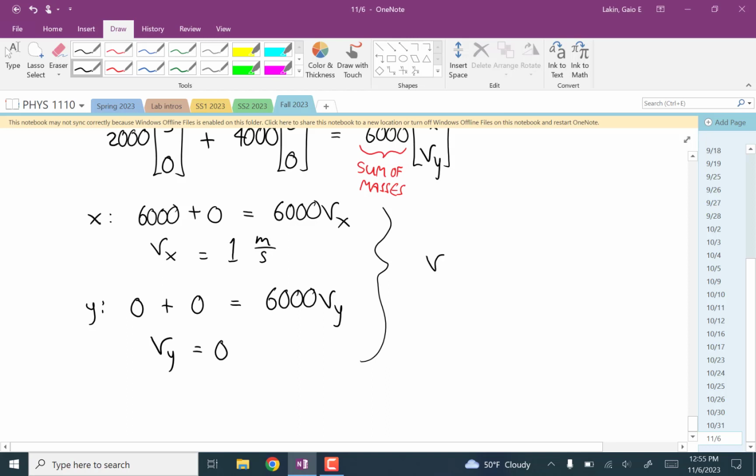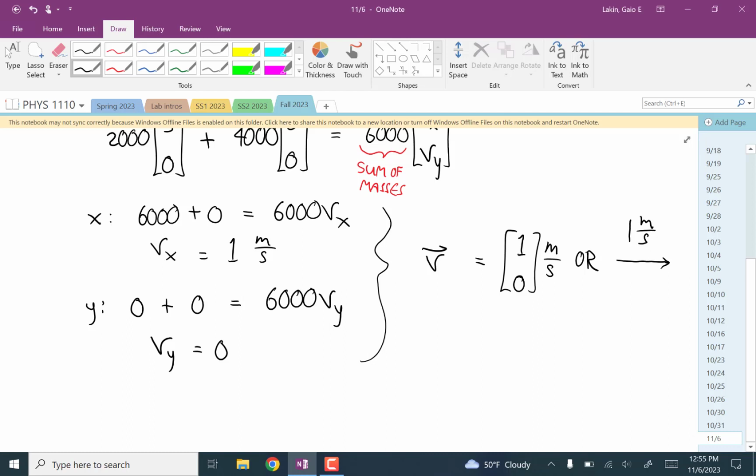And so after the collision, the velocity vector of that whole system is positive 1, 0. In other words, it's moving in this direction at 1 meter per second. Any questions about that?